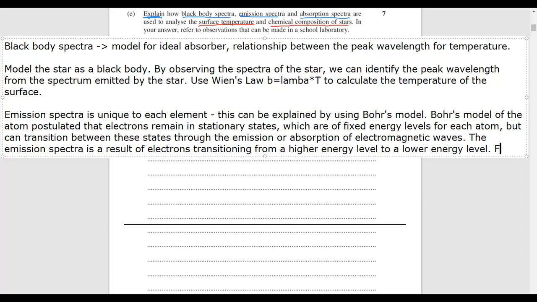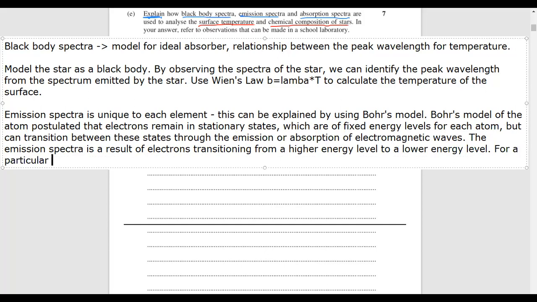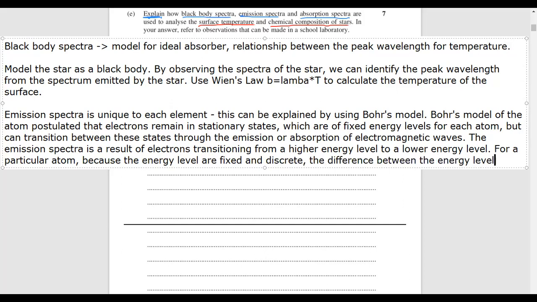So for a particular atom, because the energy levels are fixed and discrete, the differences between the energy levels are also discrete.